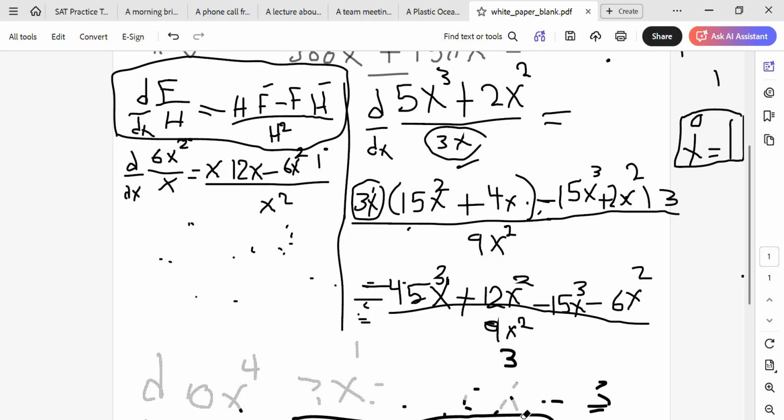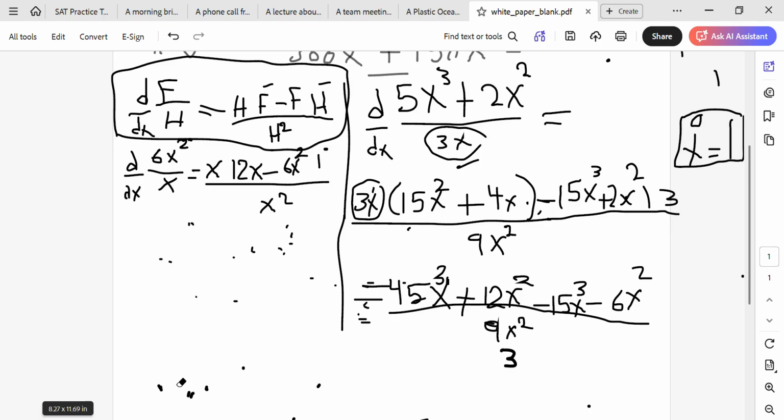If you want, you can simplify it more. You look for all the variables with the same power, then you subtract or add them depending on the equation we have here. So we have 45x raised to the power 3 and also negative 15x squared.